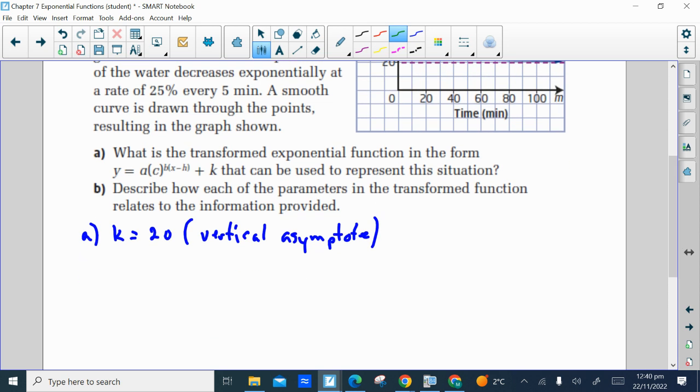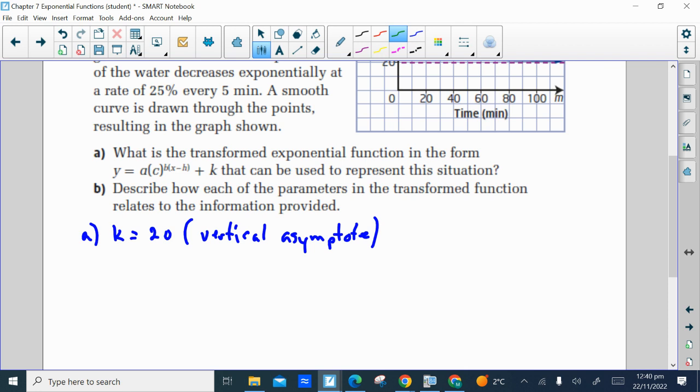Our c value is the growth factor. We've said before that if, let's say, bacteria are doubling, then the base c would be 2. If the number of bacteria is tripling, then the base c would be 3. If it's a half-life scenario where something is decaying by half of its amount every so often, then the base c would be a half.